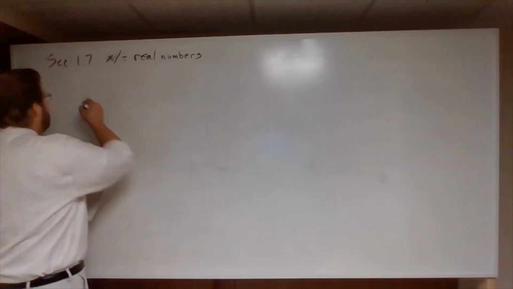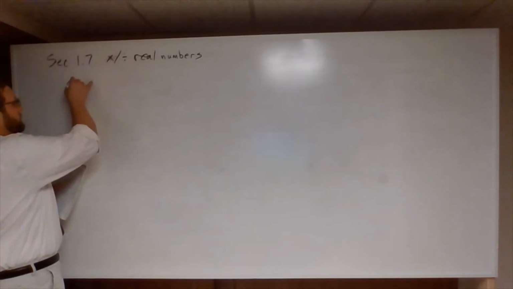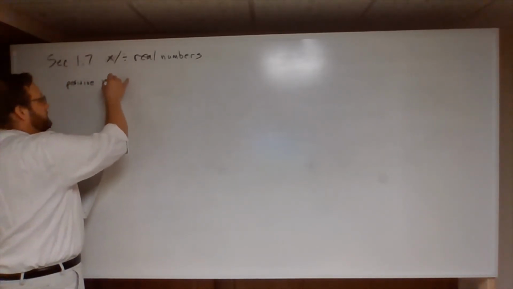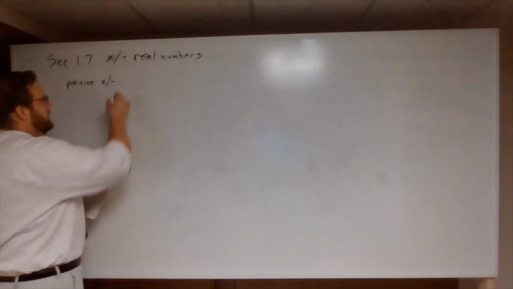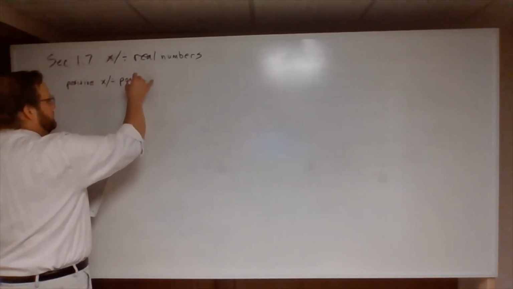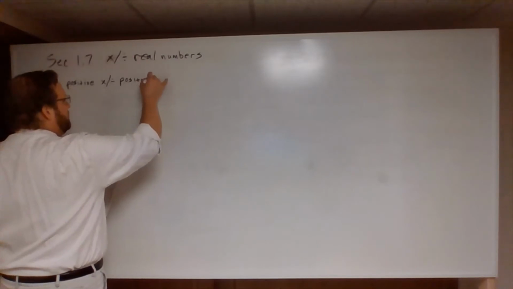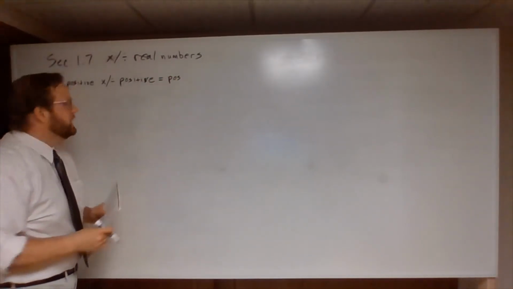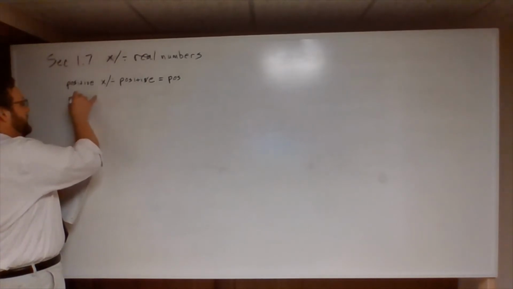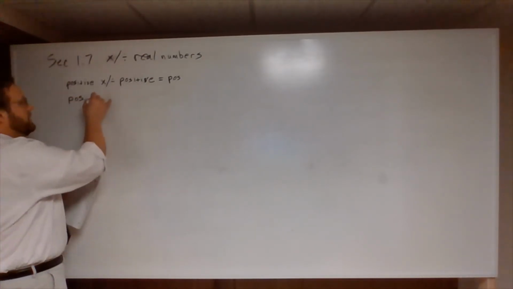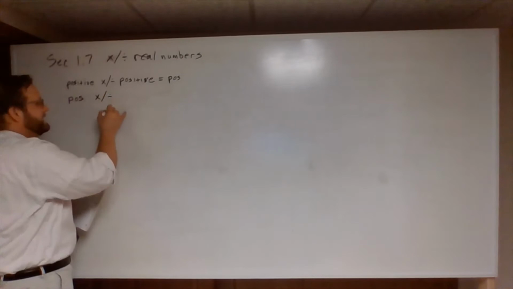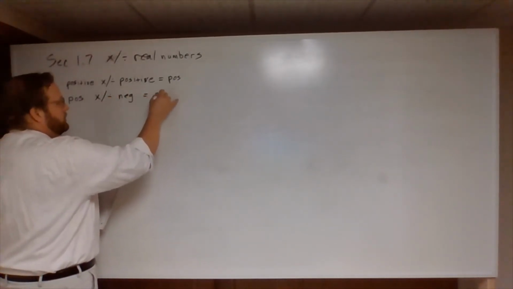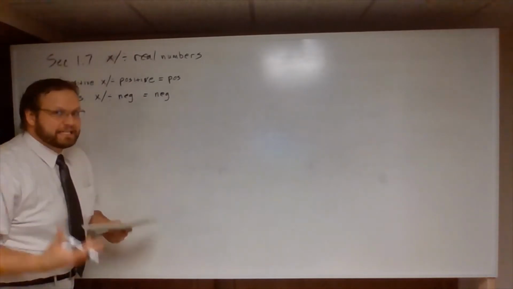If we have a positive times or divided by, it's the same rule, a positive, we will get a positive answer. If we have a positive, I'm just going to abbreviate now, times or divided by a negative, our answer will be negative, no matter what the size of the numbers are.